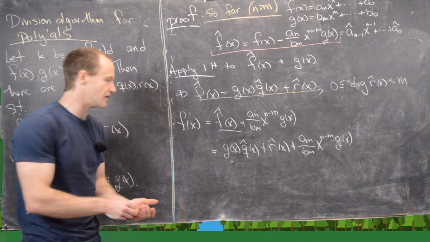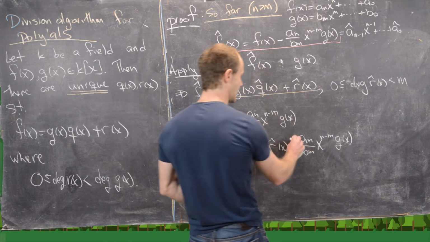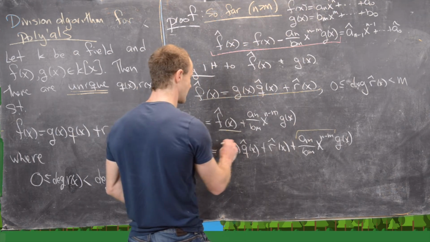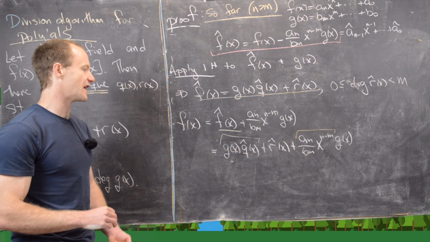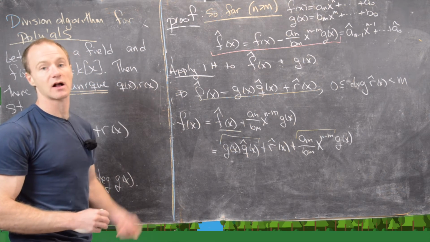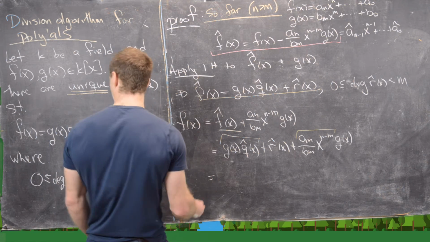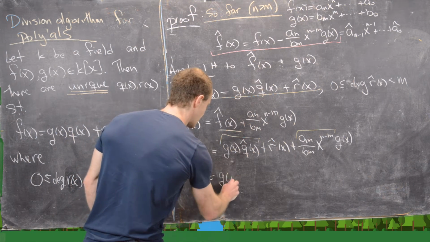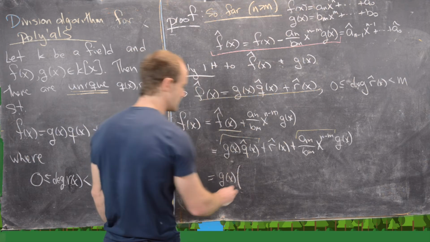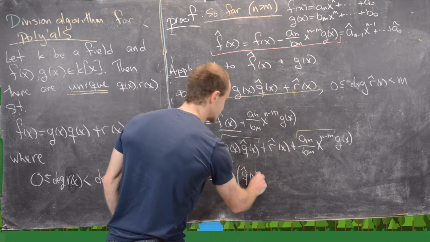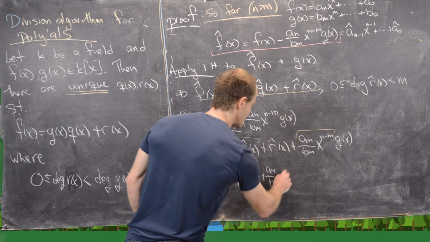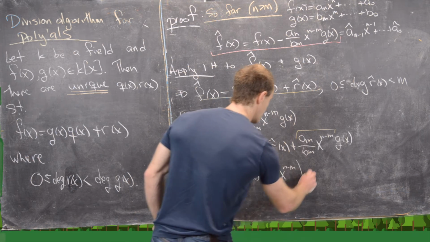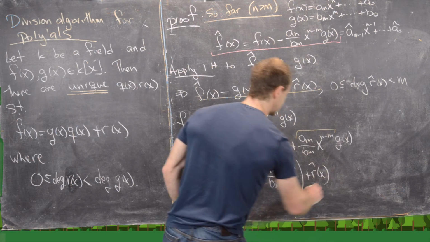So the next thing that we can do is go ahead and combine these two things together, because notice they both have g of x as a common factor. So that's going to allow us to write this as g of x times the quantity q hat of x plus a sub n over b sub m x to the n minus m, plus r hat of x.